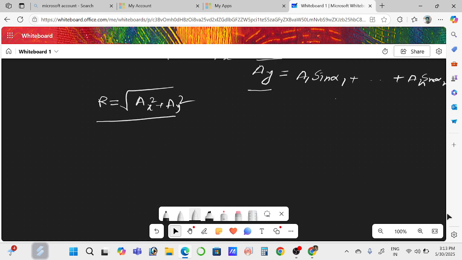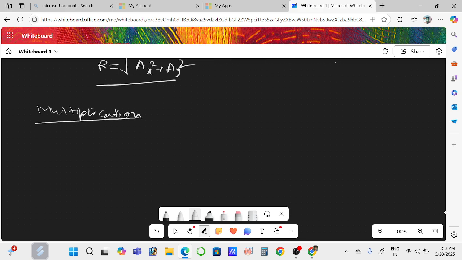Now I will focus on multiplication. So multiplication of vectors is completely different from ordinary multiplication, which is very straightforward, but here it is not straightforward because vectors have magnitude as well as direction.